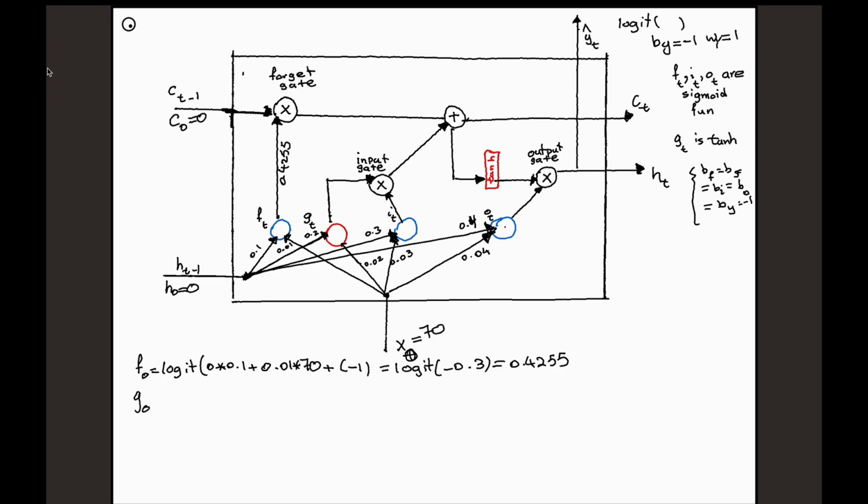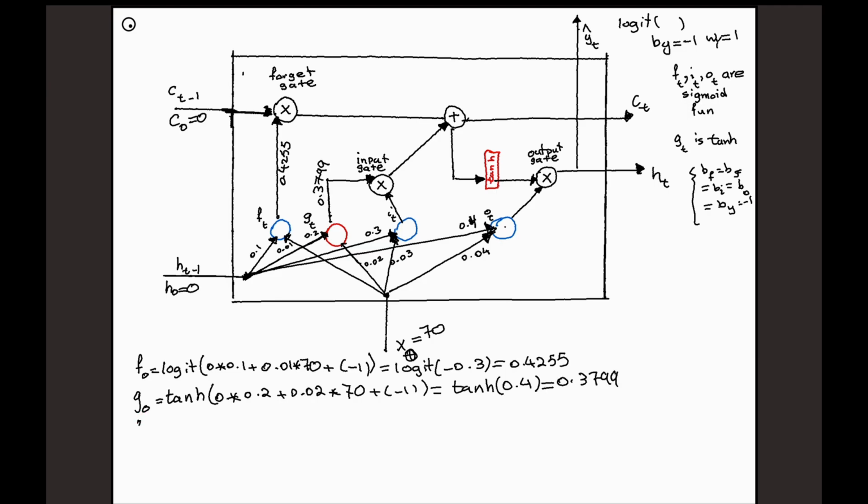Similarly, there is no need for me to do it for everyone. For G, maybe I do it just for this one, and then the rest I leave to you. That will be 0 times 0.2 plus 0.02 times 70 plus negative 1. So that will be hyperbolic tangent of 0.4, which will pass 0.379.